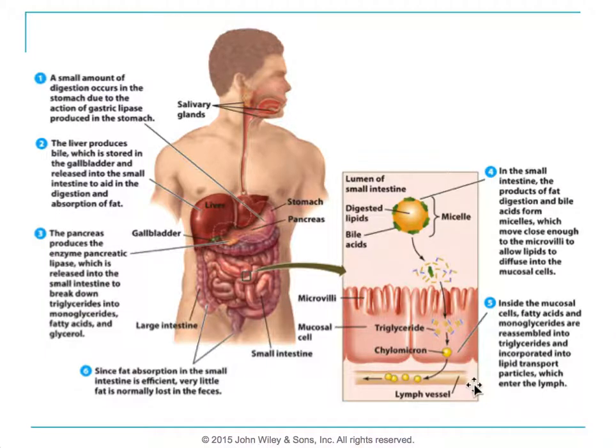And then since fat absorption in the small intestine is very efficient, we absorb almost all of the fat that we eat, lucky us. Very little fat is actually excreted in your waste.